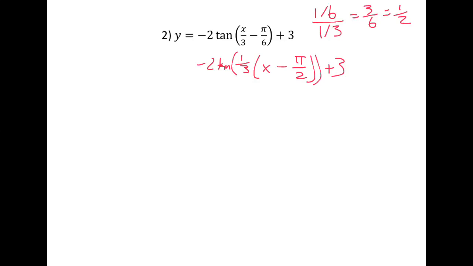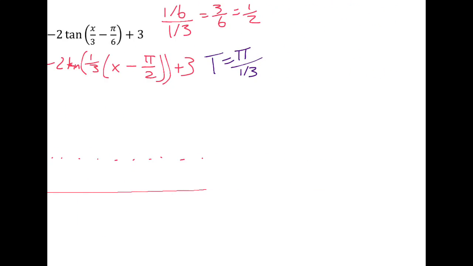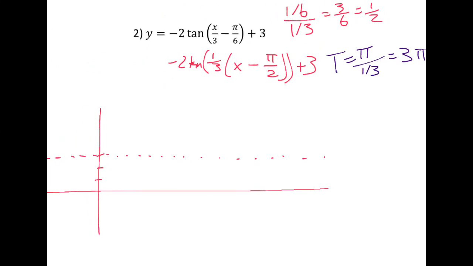Okay, then, well, let's take this piece by piece. Let's draw our axes. First off, I am going to shift everything up by 3 and give myself a little axis of symmetry right there. I'm going to then determine that my period is going to be the normal pi, but it's going to be divided by the coefficient of 1/3, which means pi divided by 1/3 is the same as 3 pi, just right there like that.